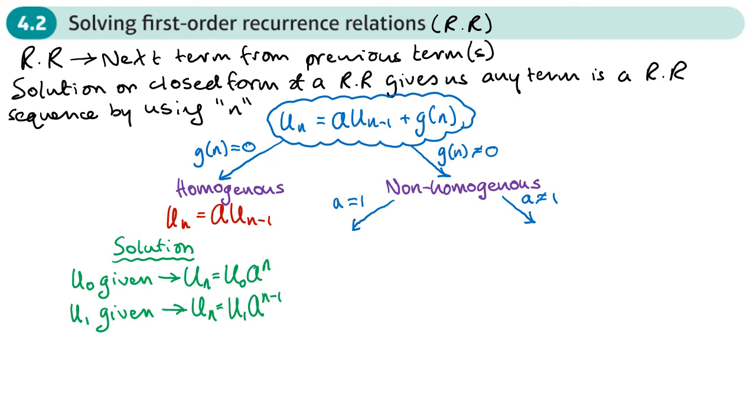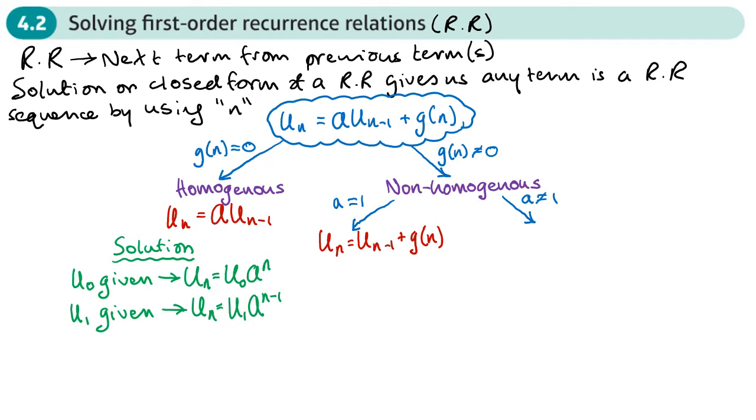So let's have a look at the type where a equals 1. We're going to have a recurrence relation that looks like this: un equals, and since a equals 1, we're just going to have un minus 1 plus this part that's here, this g of n.